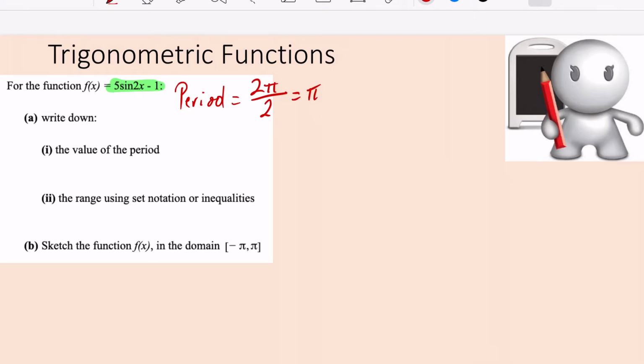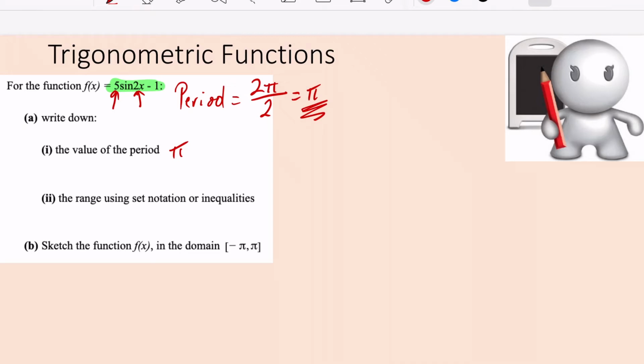Here it's undergoing two dilations because I'm multiplying the function by a constant, and I'm also replacing x with a multiple of x. So it's being dilated away from the x-axis and also from the y-axis, but in this case my period is pi. So that's the answer for the first part.